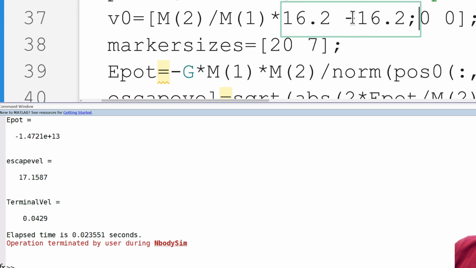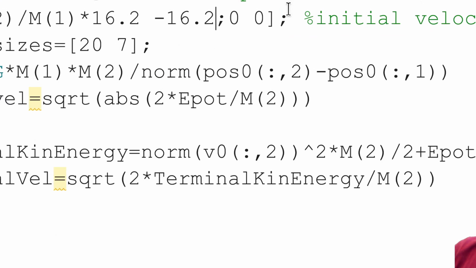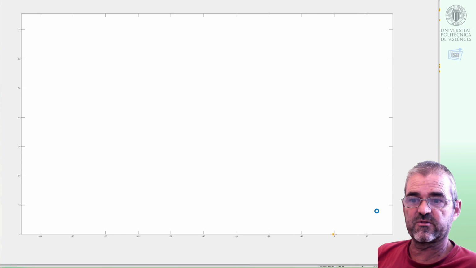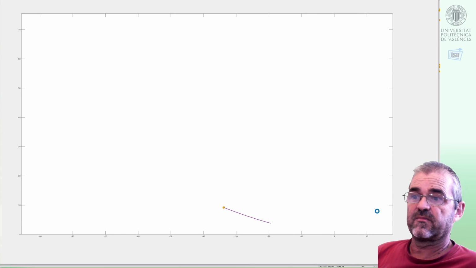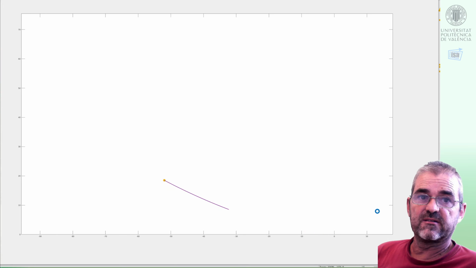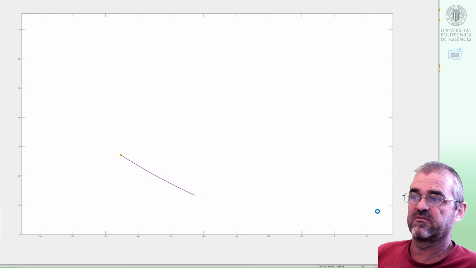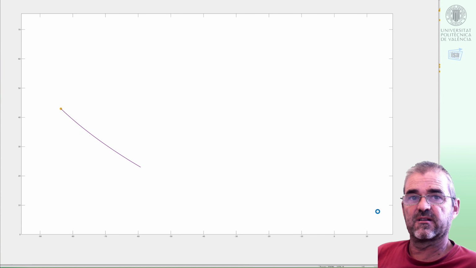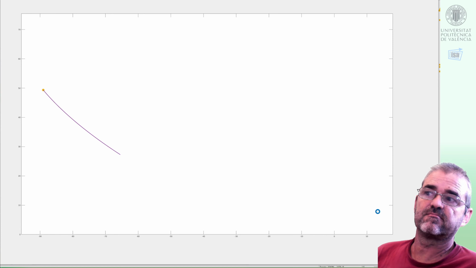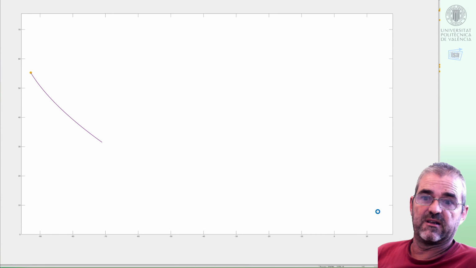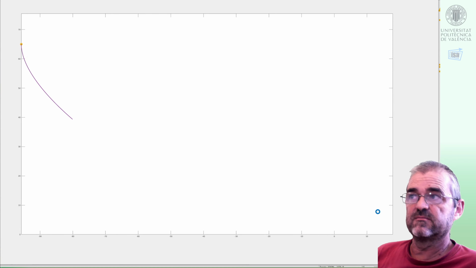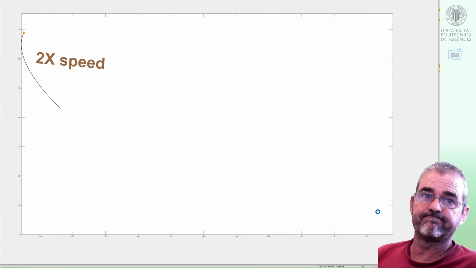Then, if we simulate almost escape velocity, but not there, then from this starting position, it will go far away to about 90 horizontal, 70 vertical units, but it will exhibit an ellipsoidal orbit.